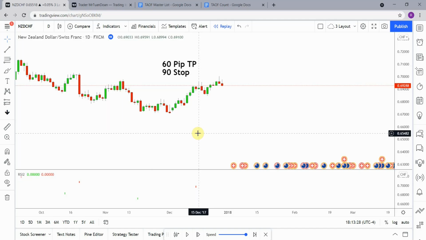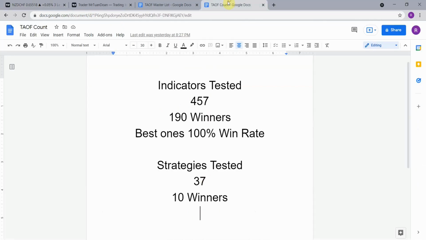Alright, as I said, today we will be testing the RSI2 indicator. Before we do though, I wanted to put the testing scoreboard up for everyone to see. So to date, we have tested a total of 37 different strategies, with 10 of them being winners.